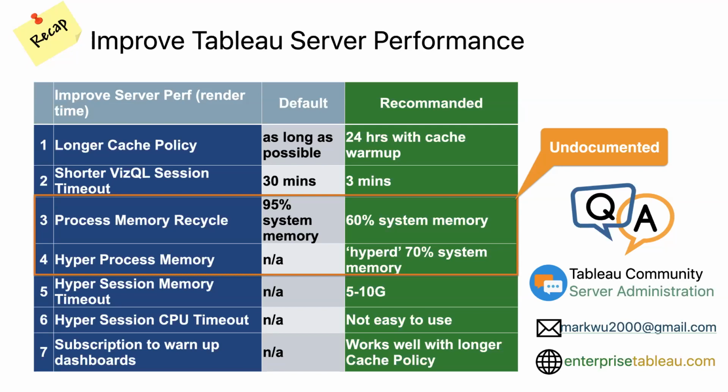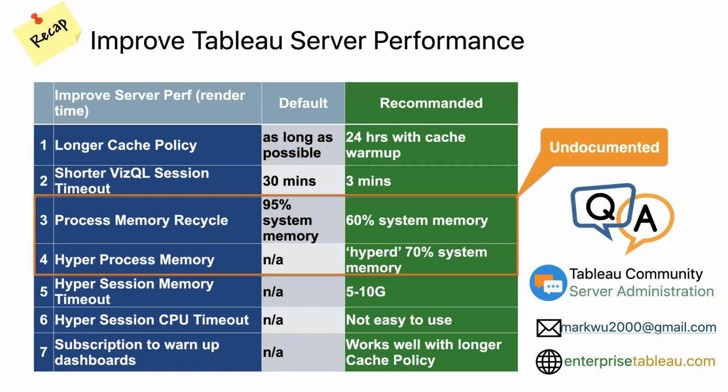Number 3 and number 4 are undocumented features, but they work perfectly. One is dealing with VizQL memory recycling early enough, at about 60. And number 4, dealing with Hyper process memory recycling at about 60 to 70% of the system memory.